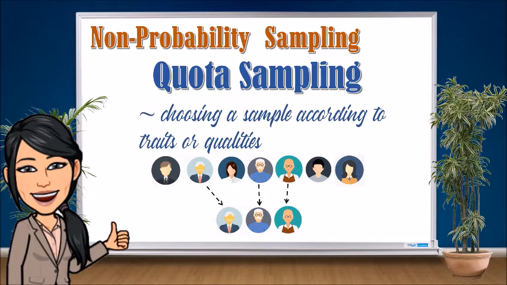The second type of non-probability sampling is quota sampling. Quota sampling is a method in which researchers can form a sample involving individuals that represent a population and are chosen according to traits or qualities.